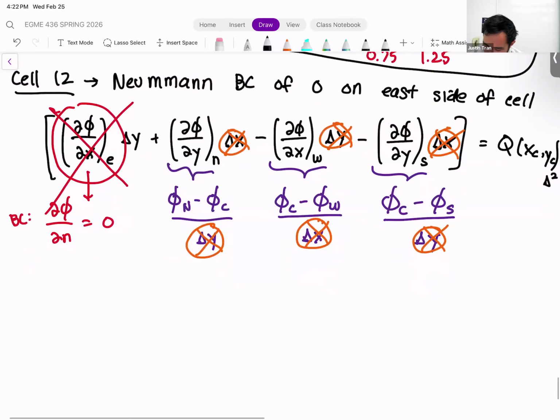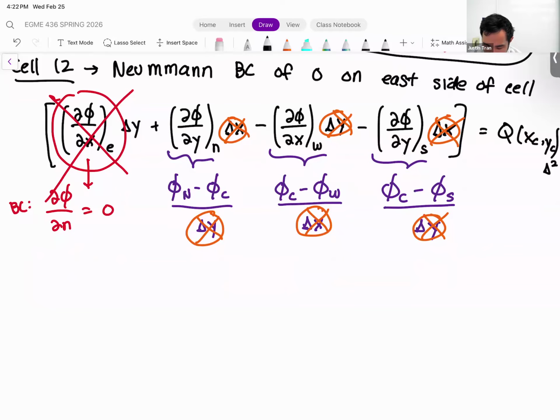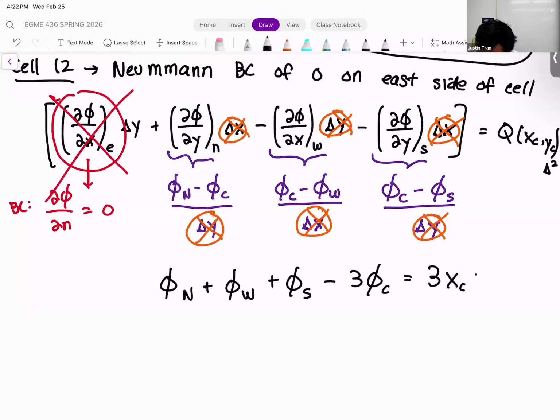So let's go ahead and evaluate everything here and simplify. When we simplify everything, we get phi sub n plus phi sub w plus phi sub s minus 3 phi sub c, and this is equal to 3 q of xc, yc, delta squared.